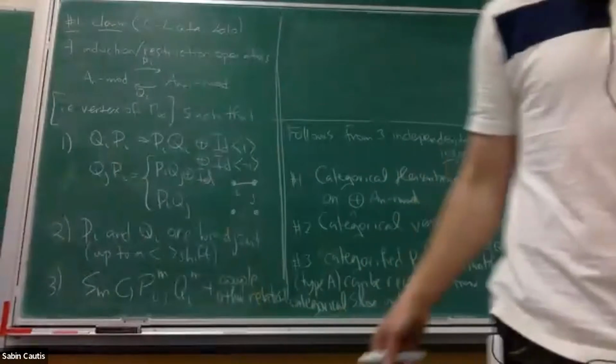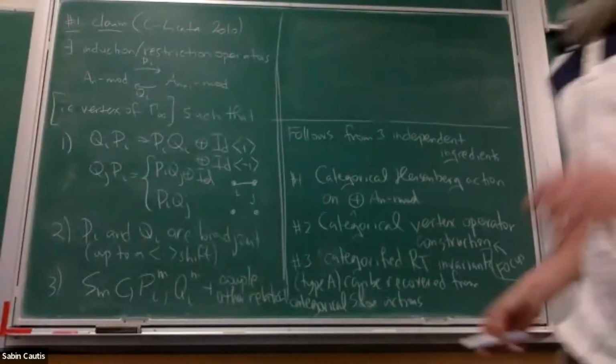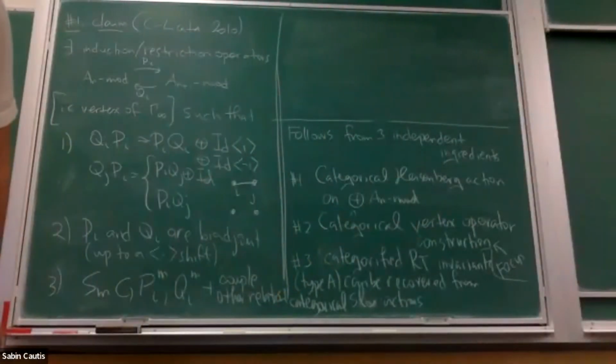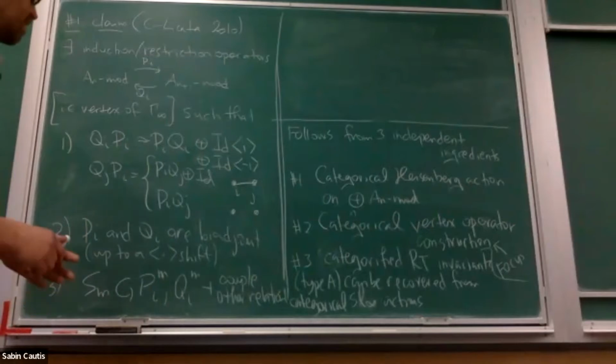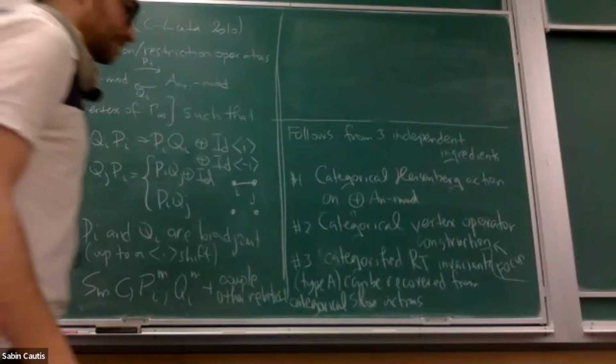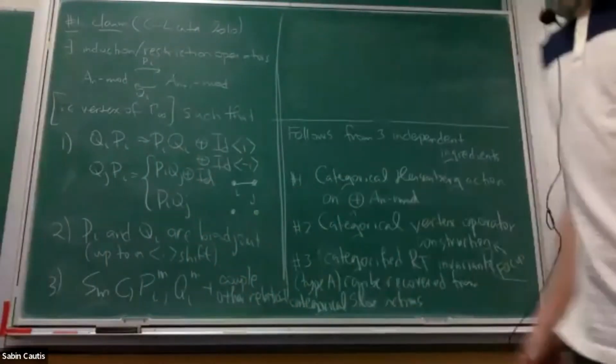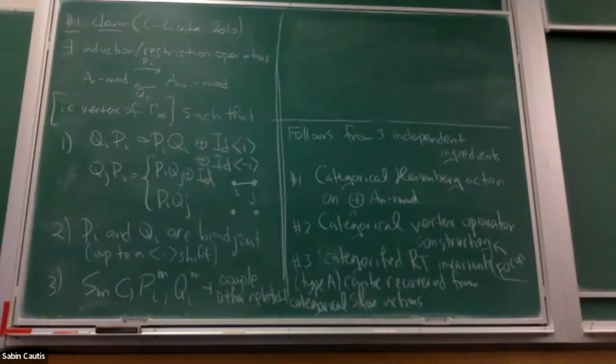It would take literally maybe another four lines, but they don't really play a role in the big picture. So there's no point mentioning them here. You can always look them up in that paper.